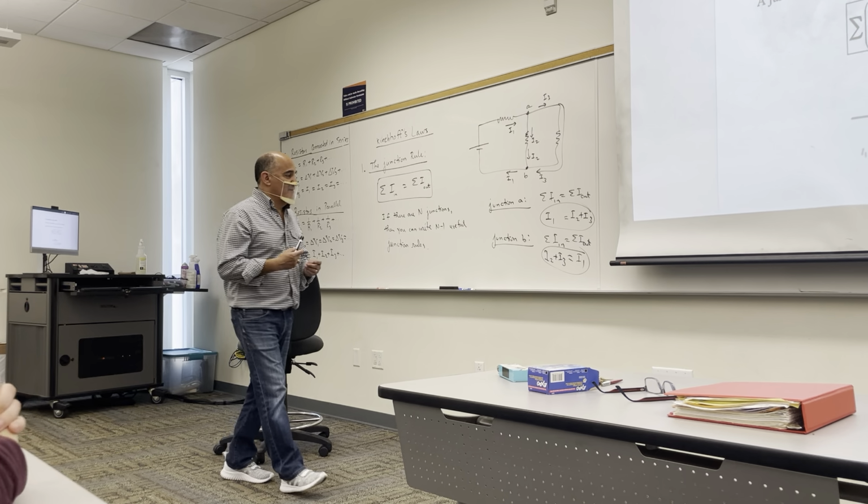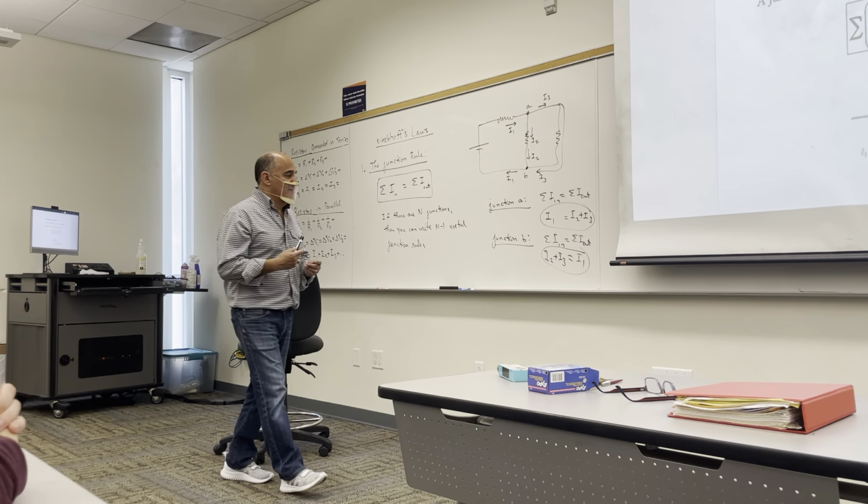So the sum of the voltages across all the circuit elements in a closed loop has to be zero, because I've got to come back to where I started. So the sum of the potential differences has to be zero for any loop.